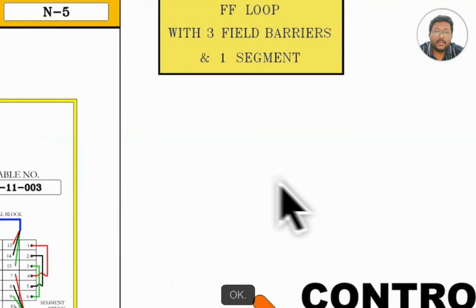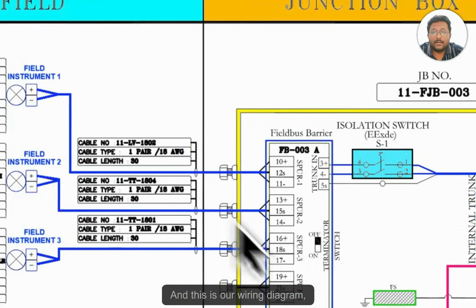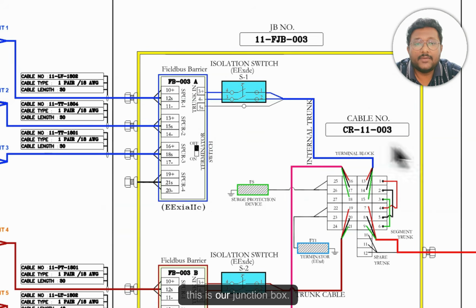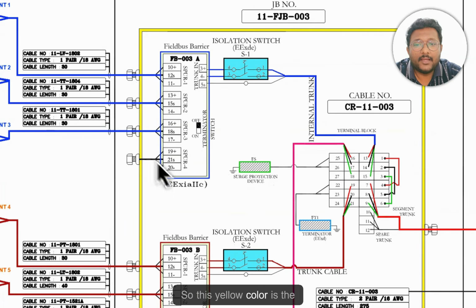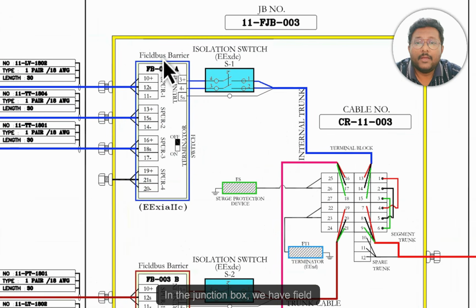Okay, and this is our wiring diagram, loop diagram. If you see here, this is our junction box, this yellow color box. I added some colors so it is easy to identify. So this yellow color is the junction box. In the junction box, we have field barriers.